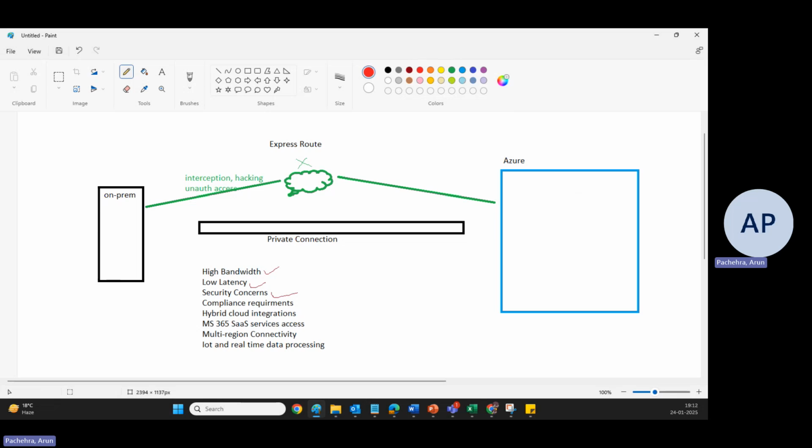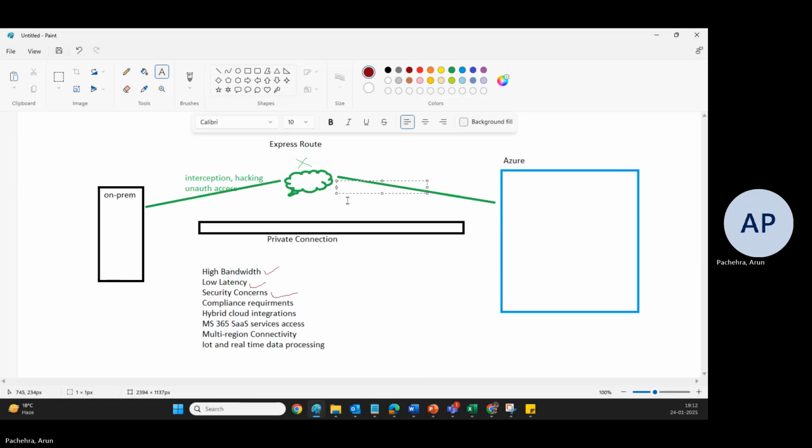Why is it difficult? Because it is going through the internet, which is unreliable and insecure, making it hard to establish seamless hybrid operations, right?